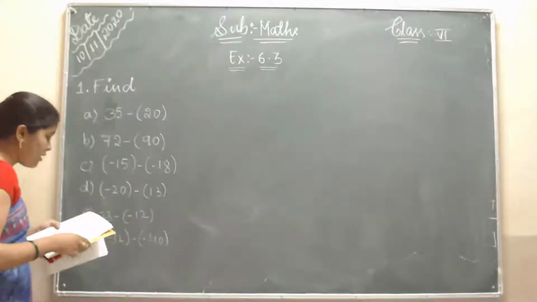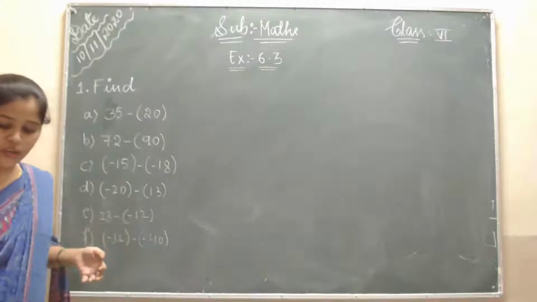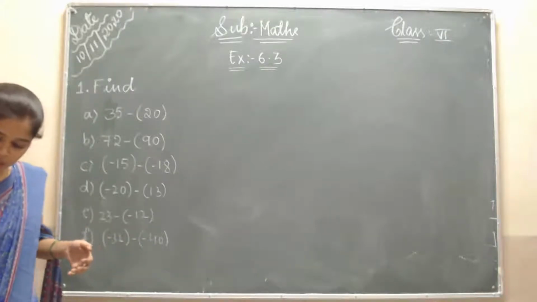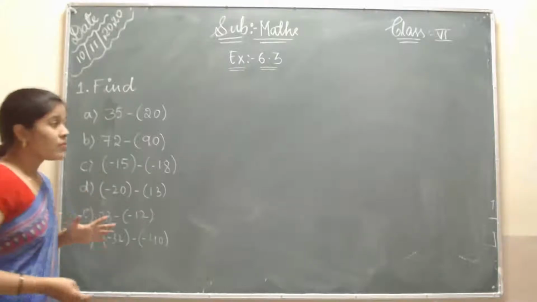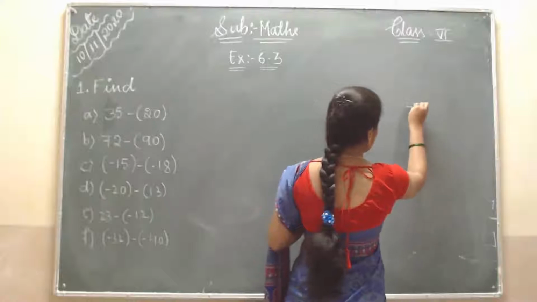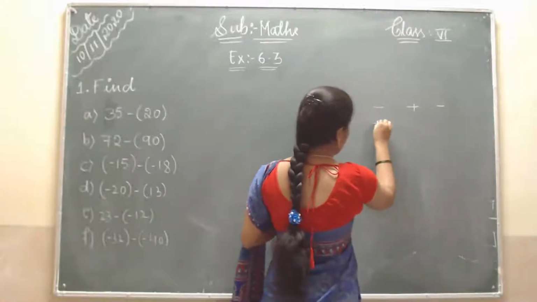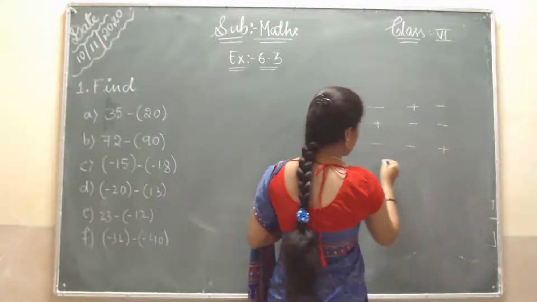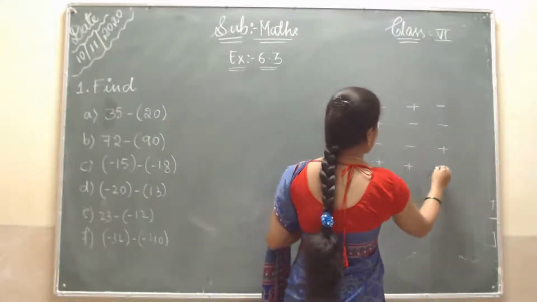See here, these are the integers we have to solve. We have to find these values. First, the rules of integers: minus, plus, minus; plus, minus, minus; minus, minus, plus; and plus, plus, plus.